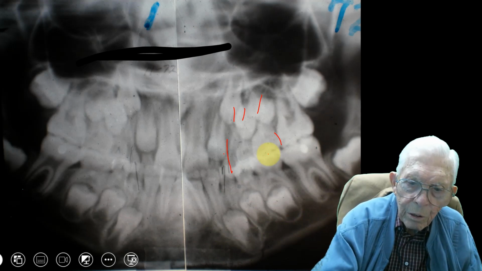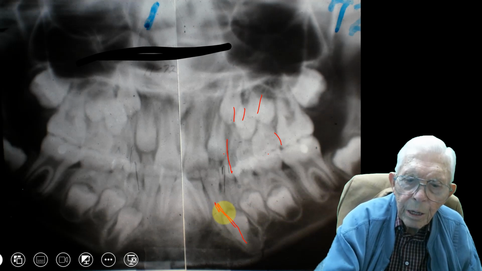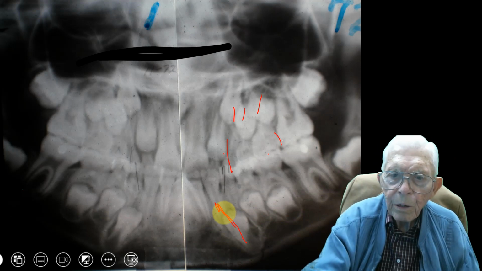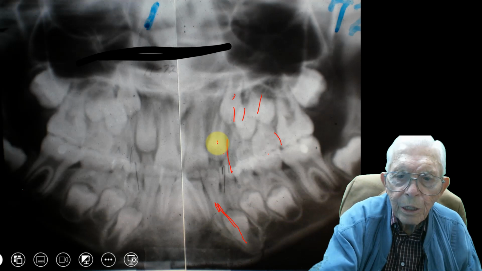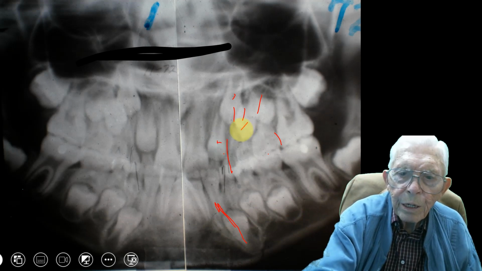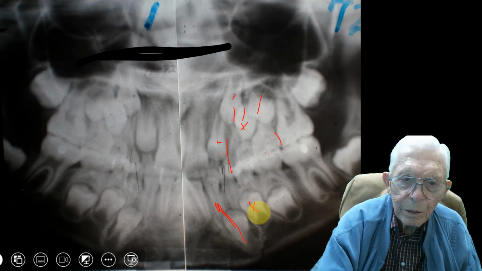Over here, the erupting cuspid was going straight into this permanent lateral, so we had to get something to get it back. And up here, this cuspid's going into this lateral, so we have to come over and get the first bicuspids out.